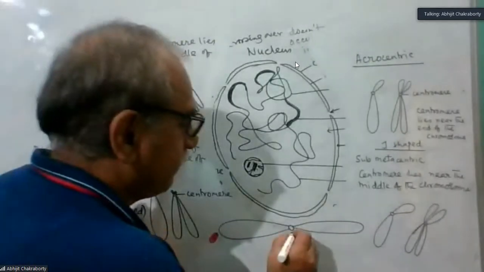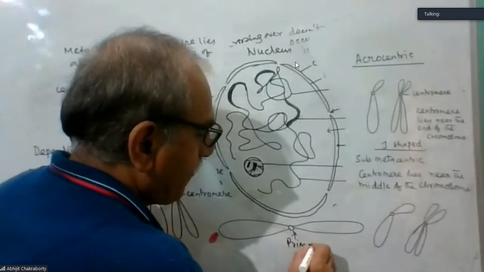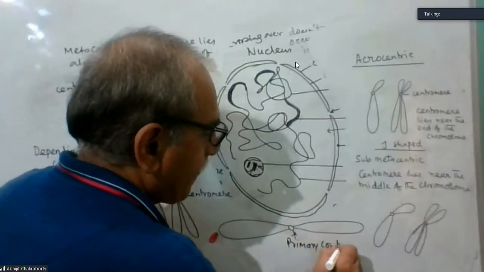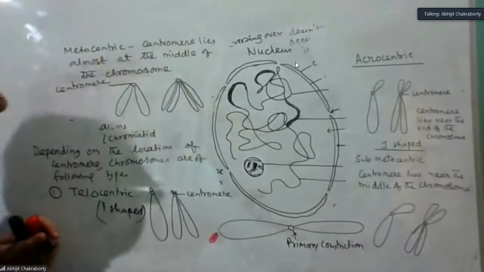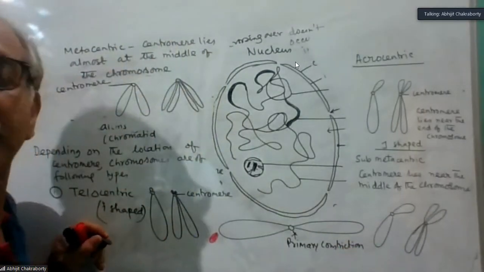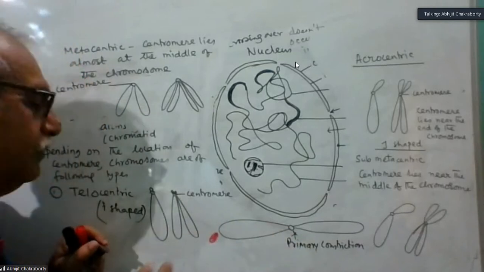Actually, the primary constriction is developed in the centromeric region. In most of the chromosomes, only primary constriction is found.